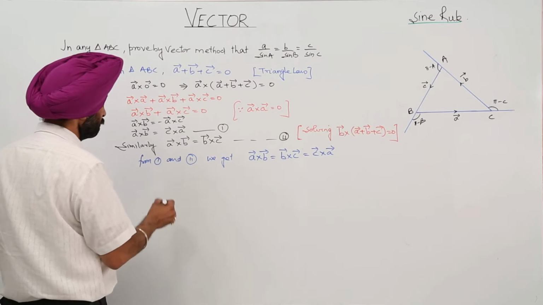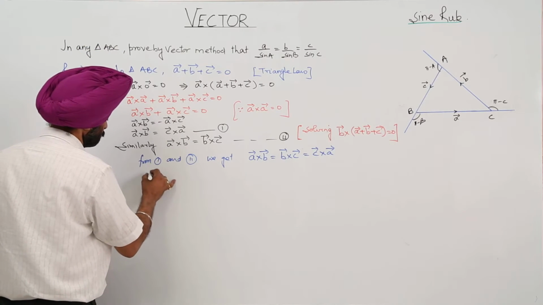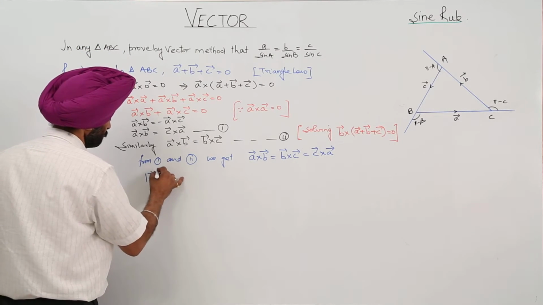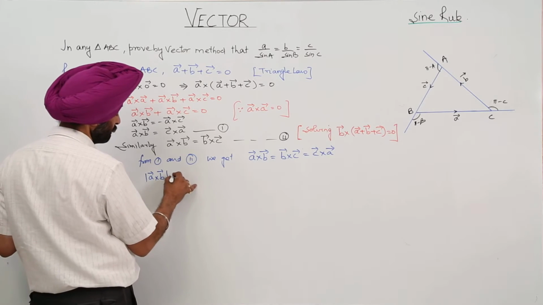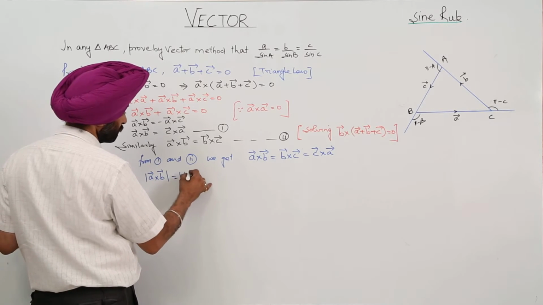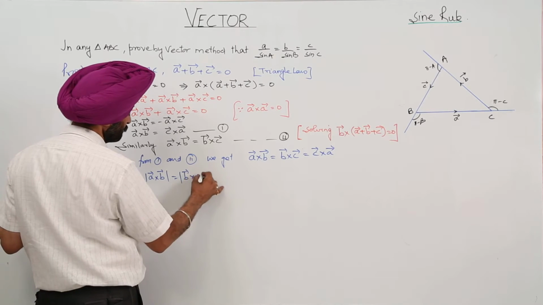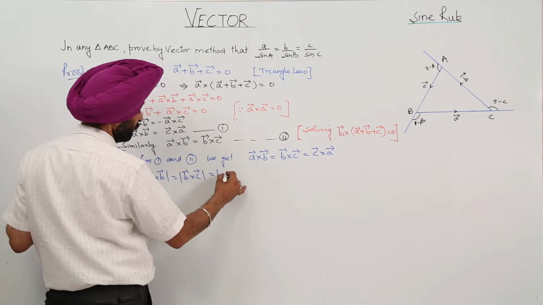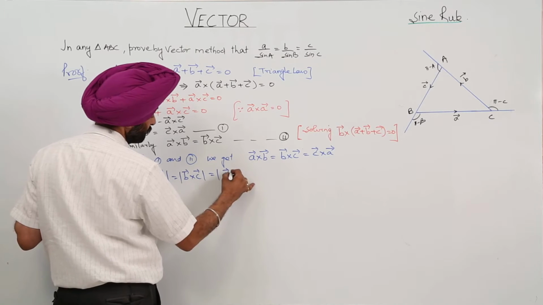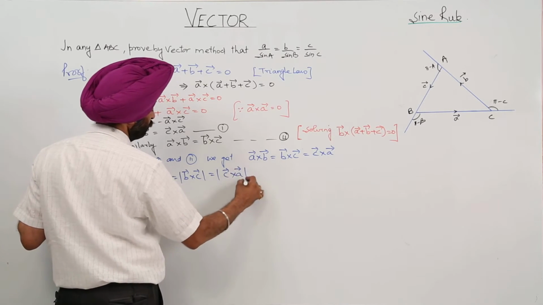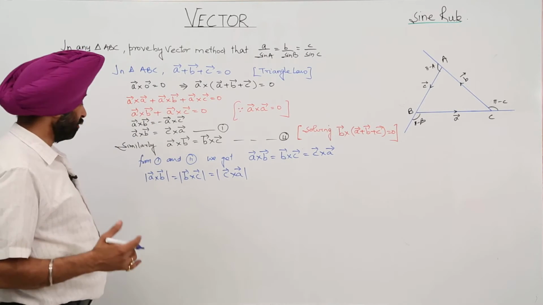Now taking magnitude, the cross product of vector a and vector b will be equal to the cross product of vector b and vector c, and the magnitudes of vector c and vector a. So if we take magnitudes, then also they will be equal.